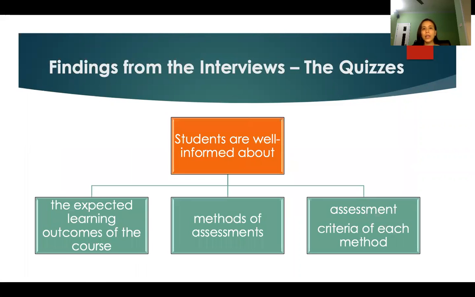And here are the findings from the interviews. First, about the quizzes. All the teachers said that the students are well informed about the objectives of the course, the methods of assessment, and the criteria of each of the 3 assessment methods.